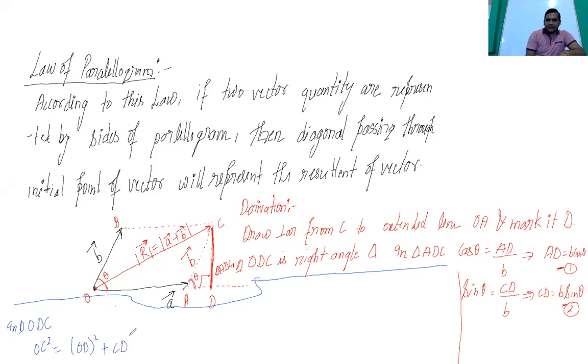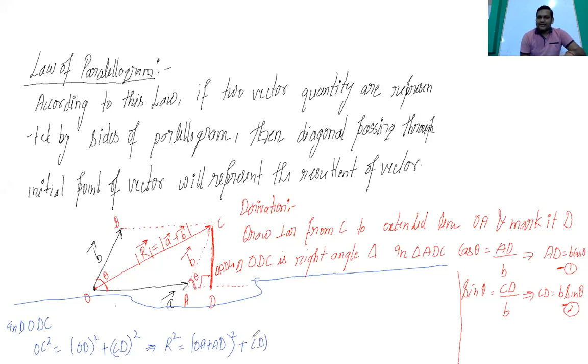OC is nothing but R, so R square. And OD is nothing but OA plus AD, so it will be OA plus AD, whole square, plus CD square.